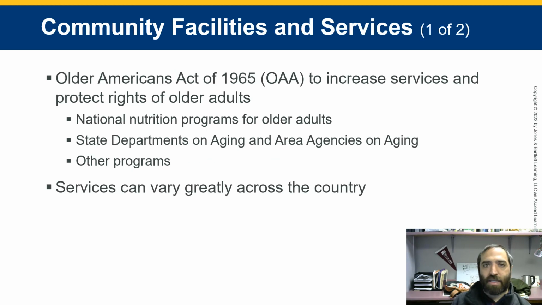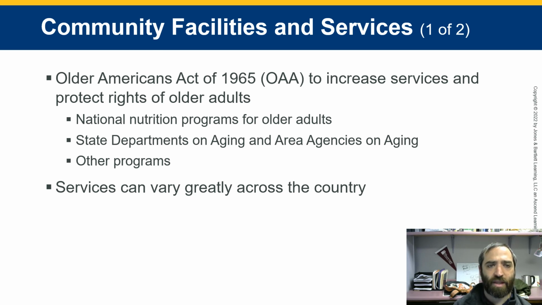Community facilities and services. The Older Americans Act of 1965 increased services and protected the rights of older adults. So when this was passed, it created nutritional programs, which are the funding that go to programs like the Meals on Wheels program that maybe a local senior center operates under.